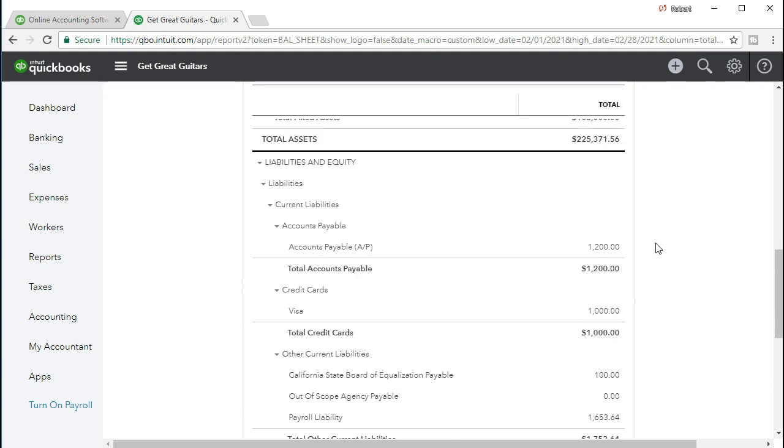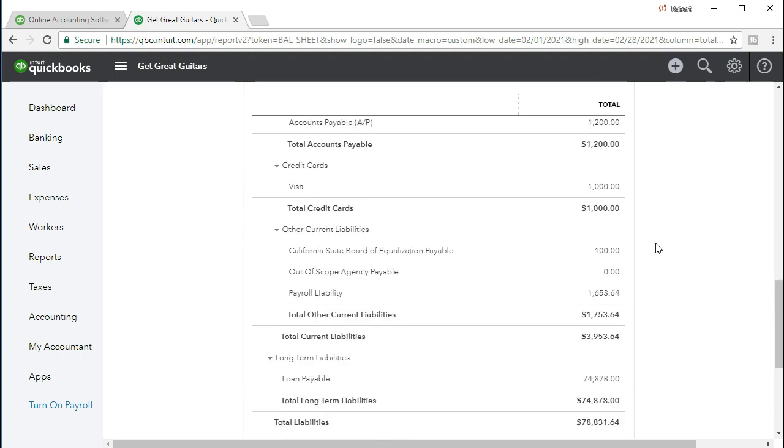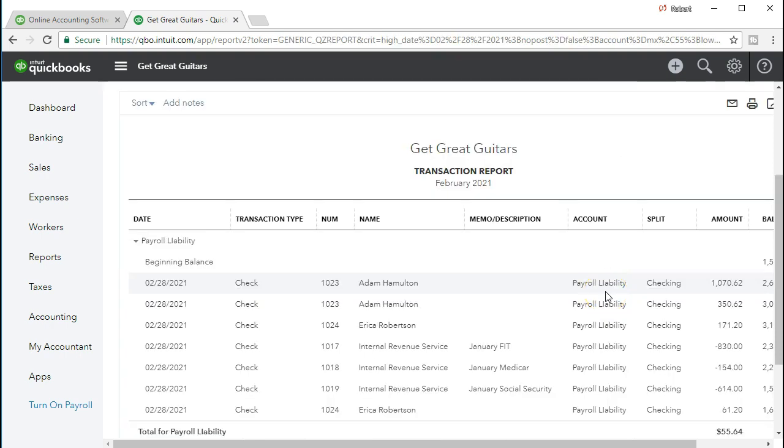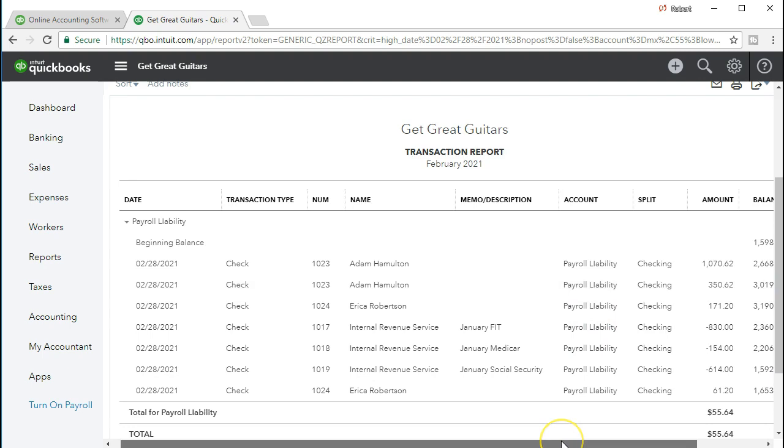So there we have that, and if we scroll back down, then we're going to see in the liabilities section that we have the payroll liabilities here. If we select those items, then we're going to see the payroll liabilities for Erica and Adam that we took out of the checks. So this is going to be Adam's amount that we pulled out here.